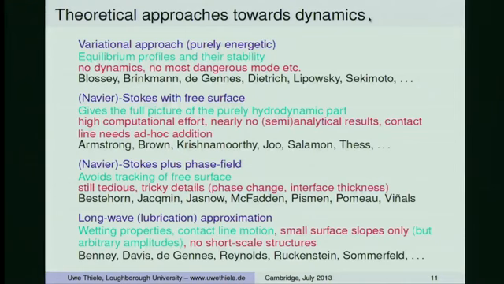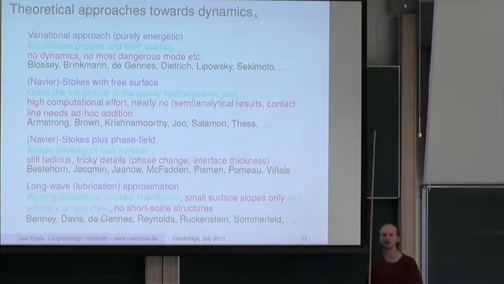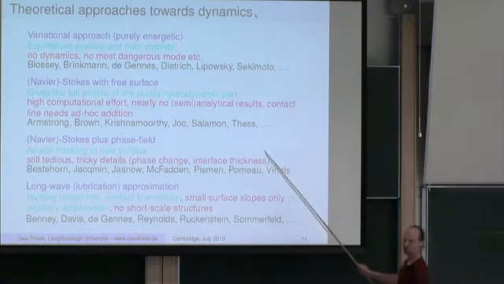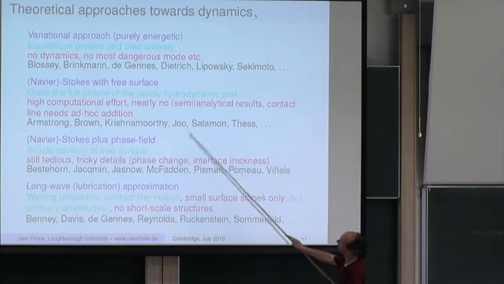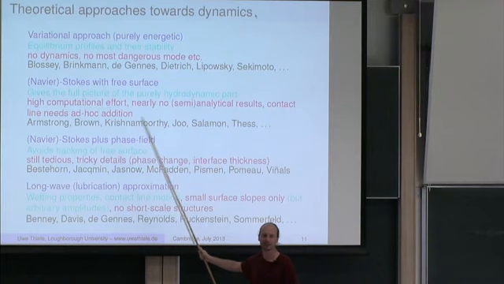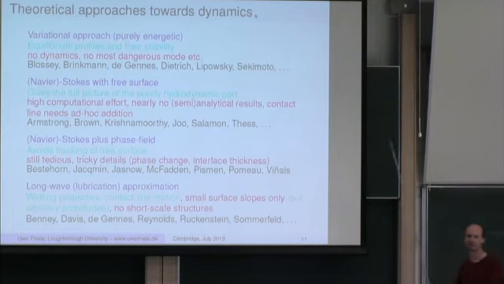Now you could say, okay, let's take the Navier-Stokes or Stokes equation with a free surface, and I think Andrew Hazel, who's sitting there, has a very nice code to do this, and he might protest. But I would say it's a high computational effort, and there are nearly no semi-analytical results, and one has to do some ad hoc stuff at the contact line that one needs to discuss. And the list of names is about 10 years old, so some names should be added.